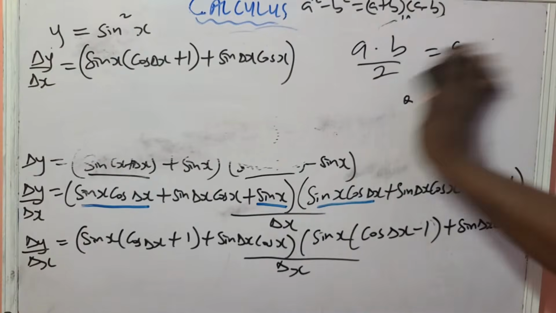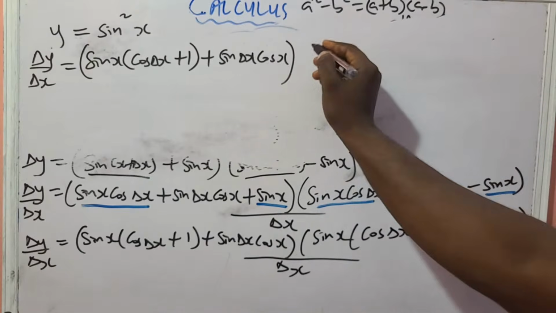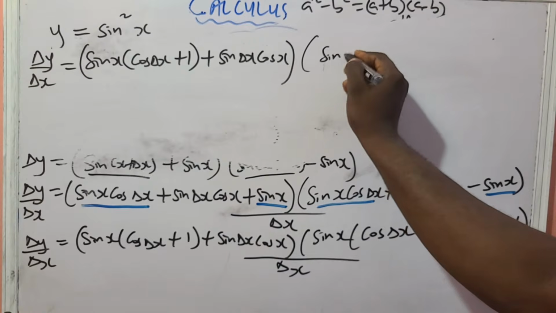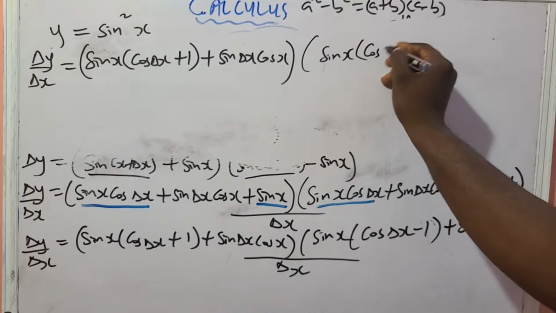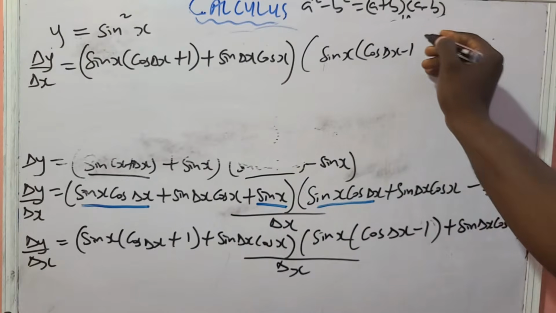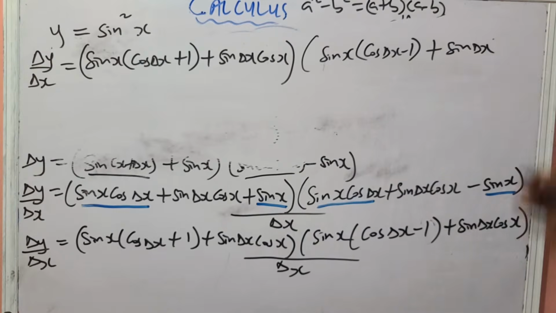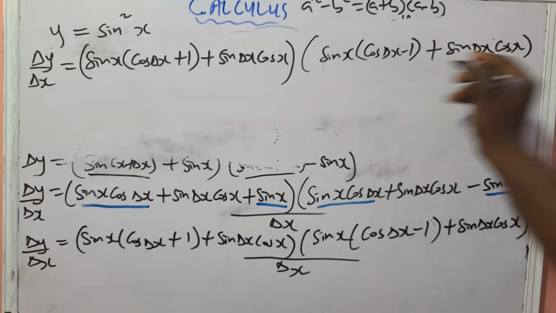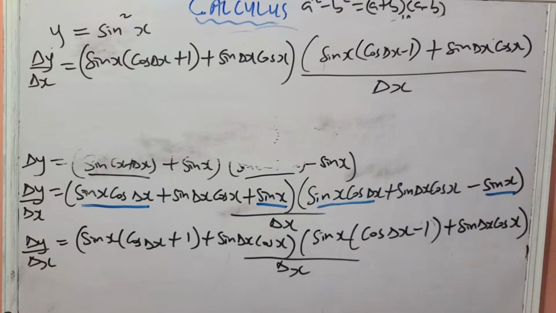Now, this other one also, we're going to put in one bracket. So we have sine x, then cos change in x minus 1, then plus sine change in x, then cos x. Now I'm going to be dividing this one by the change in x. All right. So that's what I wanted to show you guys.